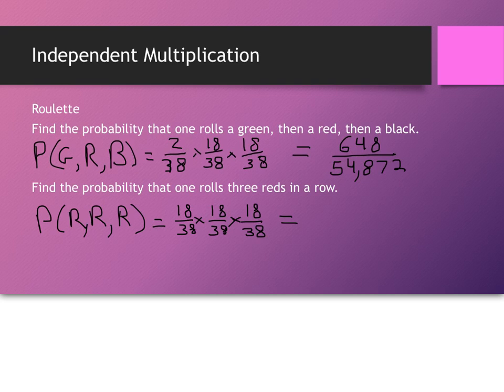I believe you get 5,832 divided by 54,872. So that's how independent multiplication works. Basically, you're multiplying these different probabilities.